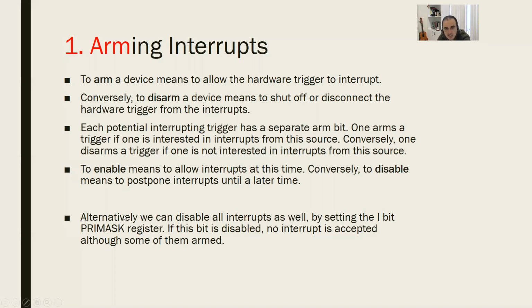And alternatively, instead of disabling an interrupt source, you can disable all interrupts by setting the prime mask register. So to arm an interrupt, you arm this bit, and you globally enable all interrupts as well. Non-national holiday, and you unlock the doors of the shop. So somebody will be able to enter at some time.